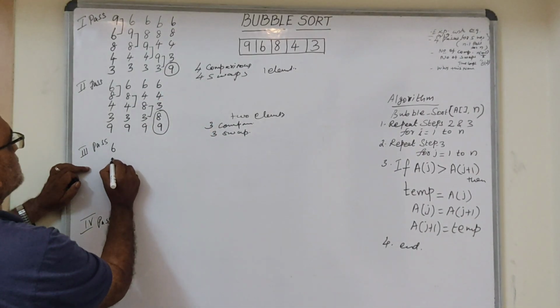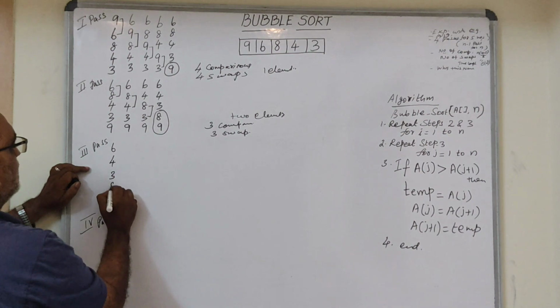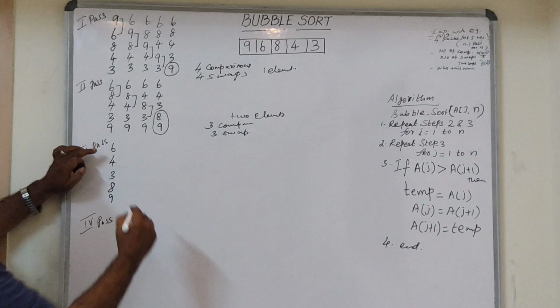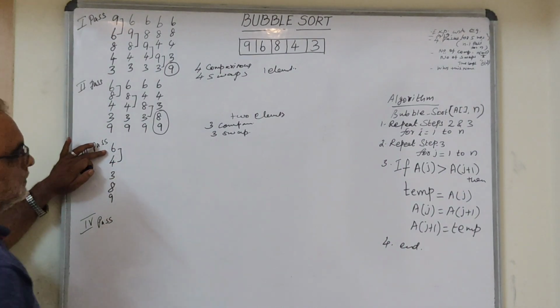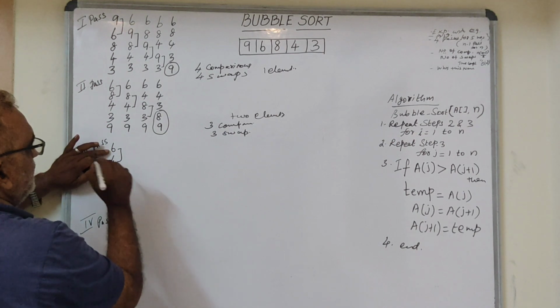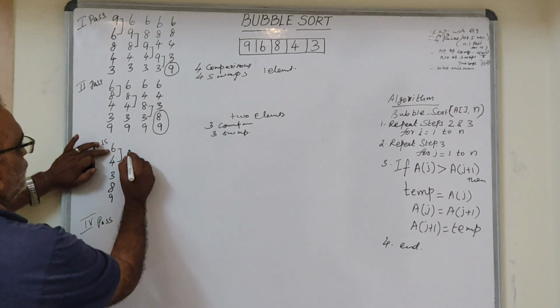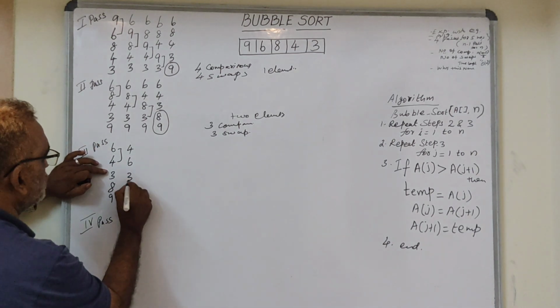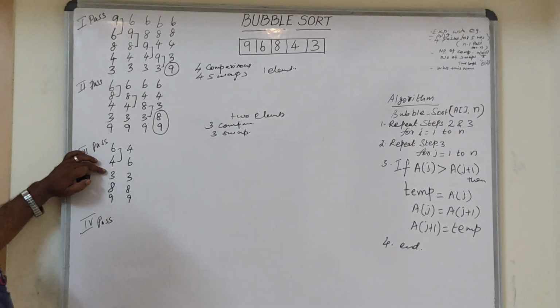Now take this output: 6, 4, 3, 8, 9. Again, perform the comparison. 6 is greater than 4, the condition is true, so we have to perform the swap. Remaining values stay as they are.